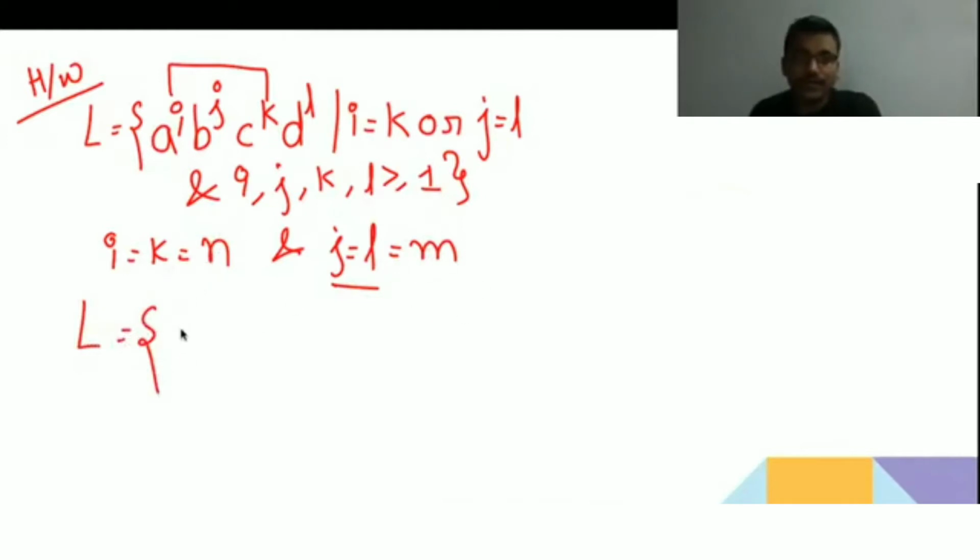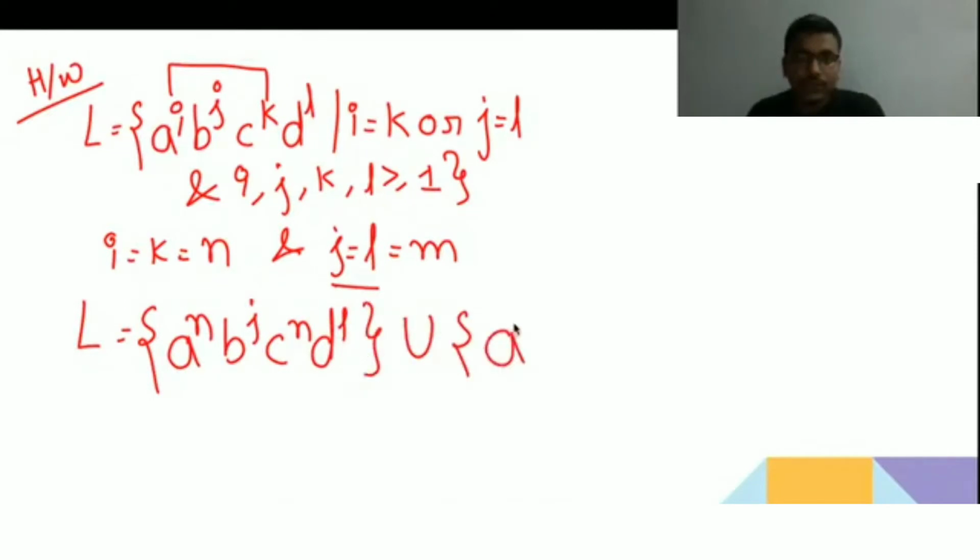This language is like a to the power n, in place of i, k I am writing n, then b to the power m, c to the power n, then d to the power m. So it's like a union of two languages.